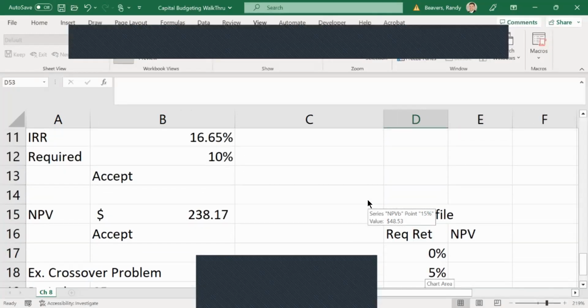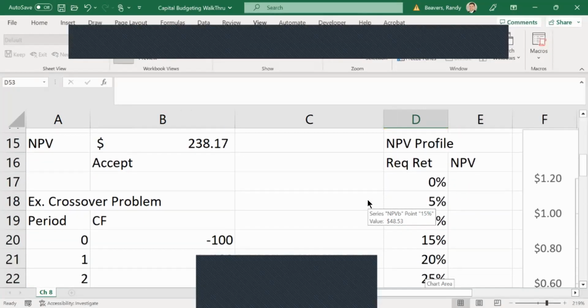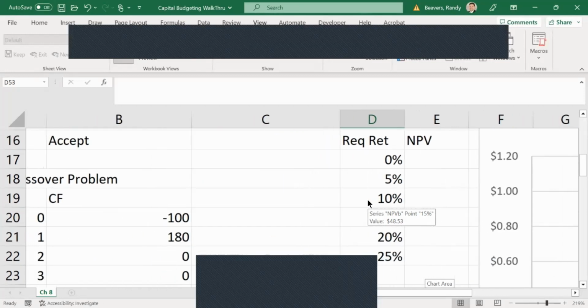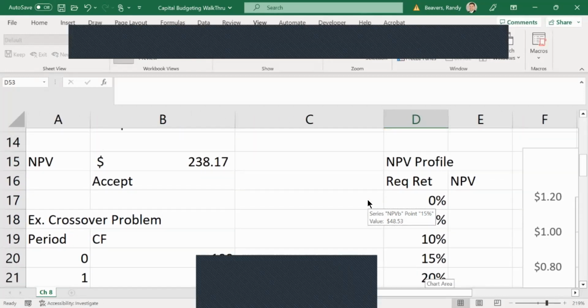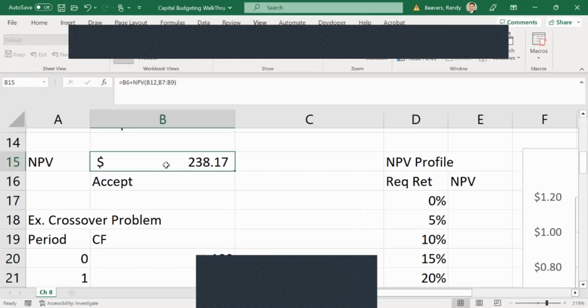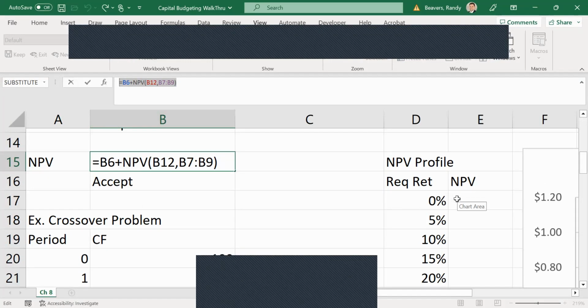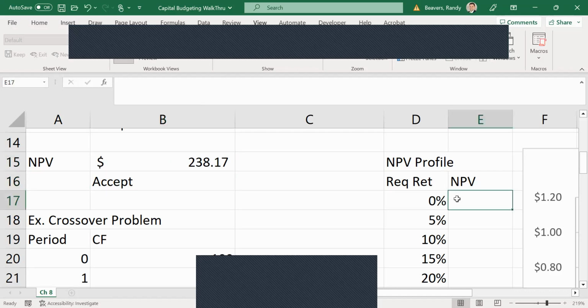One last thing to complete the spreadsheet. If I wanted the NPV profile of what we did above, I can change the rates of return very similar to what I had done earlier. I will copy this formula. Let's just actually copy it directly. And in here, I will paste it.